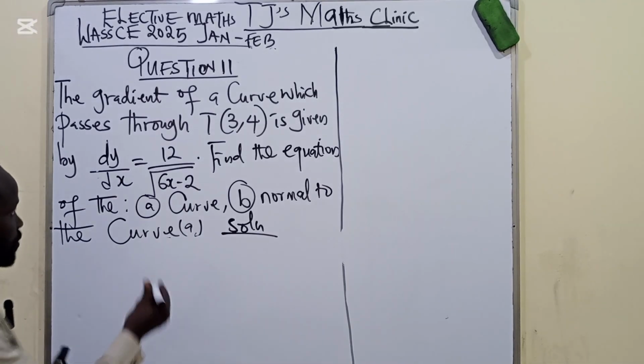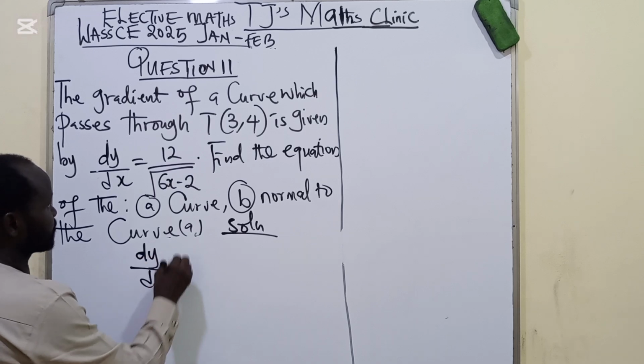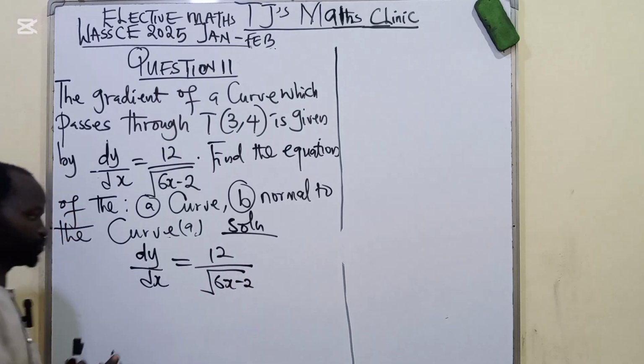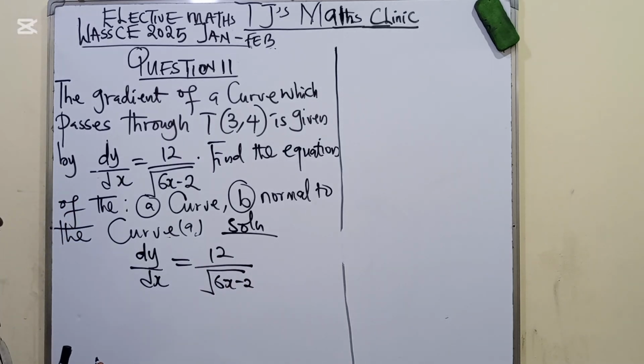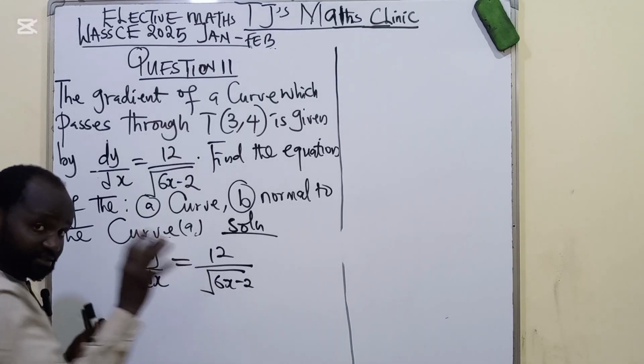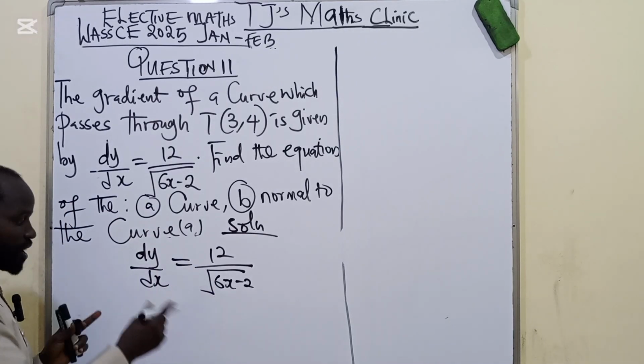Going back to the function is like finding the antiderivative of these derivatives. So we have dy/dx equals 12 divided by the square root of 6x minus 2. At this point, to find that function, we have to take the integral of both sides with respect to x.